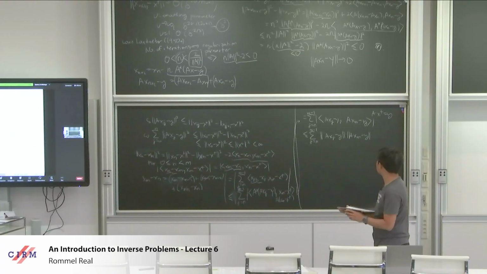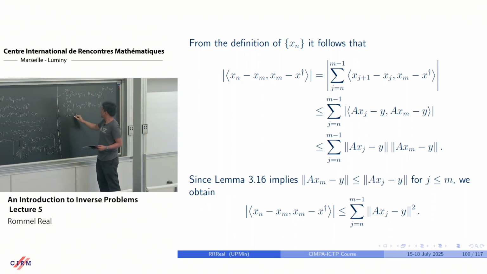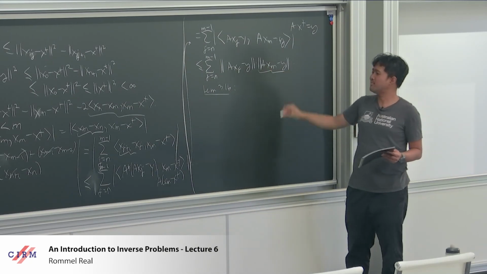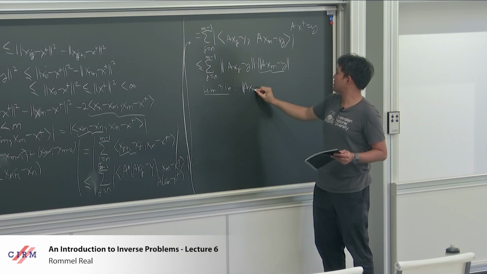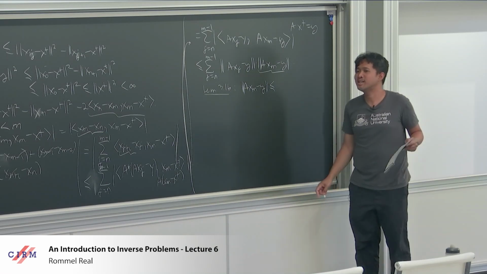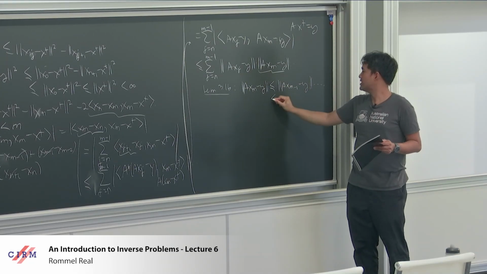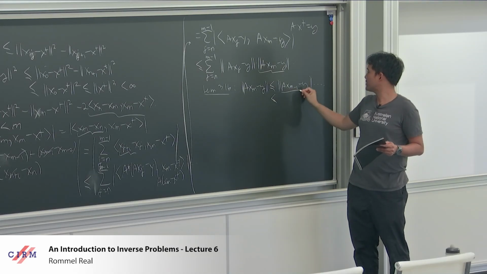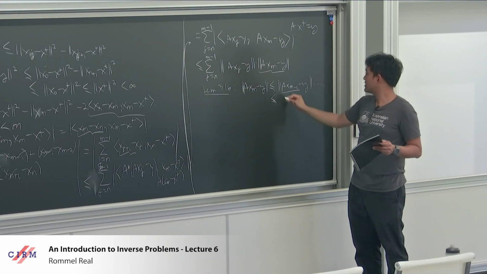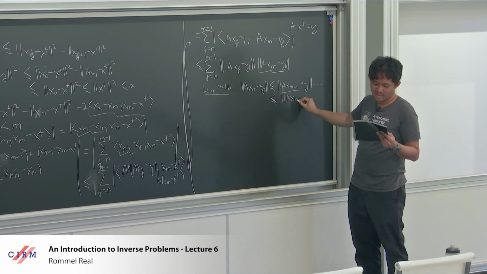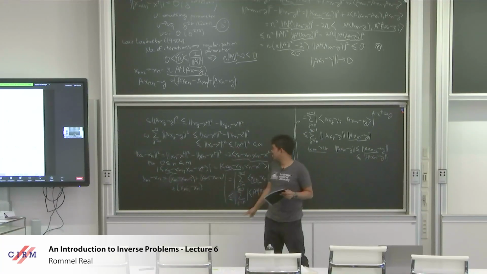Now, if you look at the second term there, note from Lemma 3.16, it tells us that if you look at the residual at the mth iteration, then we know that the residual at that iteration is less than or equal to the residual on the previous iteration. Furthermore, it's also less than or equal to the residual in the previous iterate, and so on, up to the residual at the nth iterate, which is where we start here in the sum.